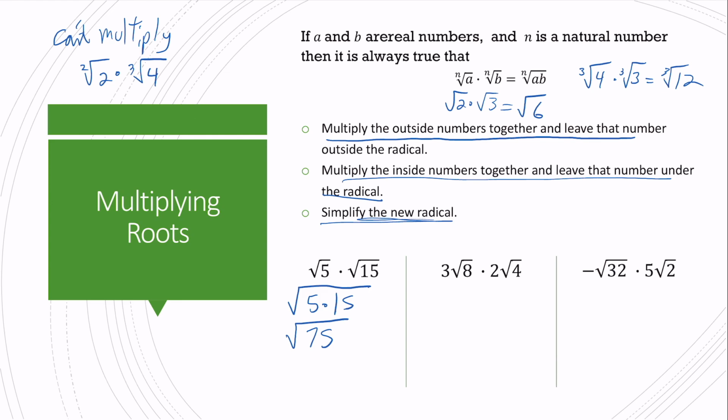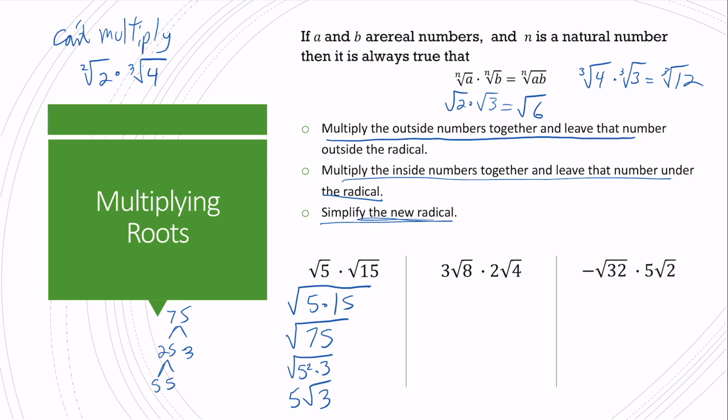There's a perfect square hiding in 75. That perfect square is 25. And if you didn't see that, you could make yourself a little factor tree. It's what I recommend. I'd love to see one on a quiz or a checkpoint or an exam. So I'm going to take the square root of 5 squared times 3. So I'd have 5 root 3.